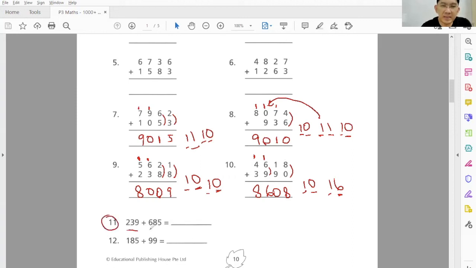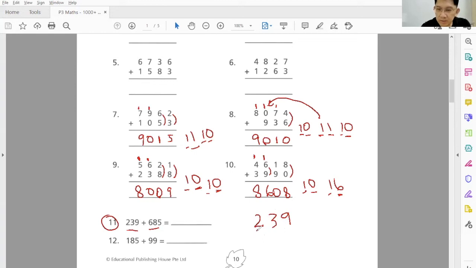239 plus 685. How do we do that? We are going to write just like what we have done earlier here. On the top part, we're going to put it in that format. 239. Remember to put all the ones together, all the tens together, and all the hundreds together.